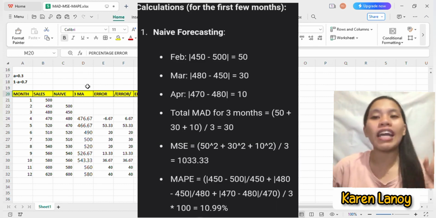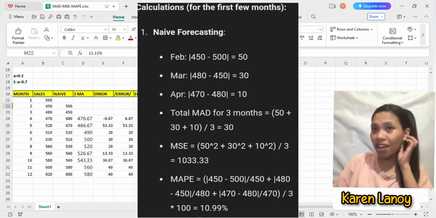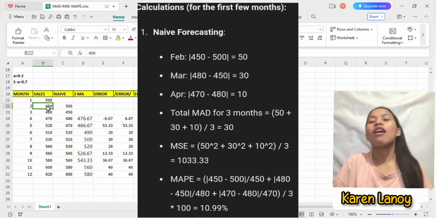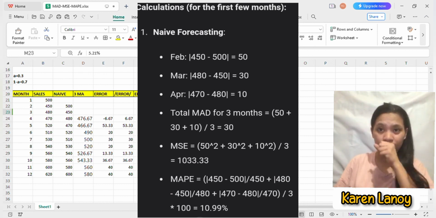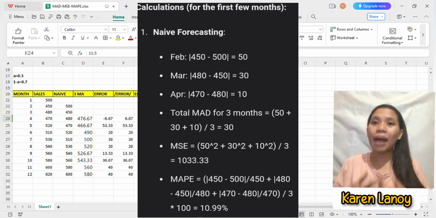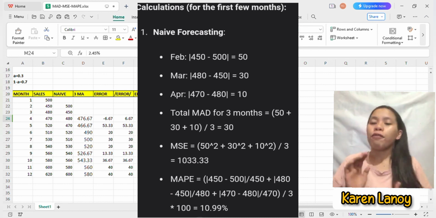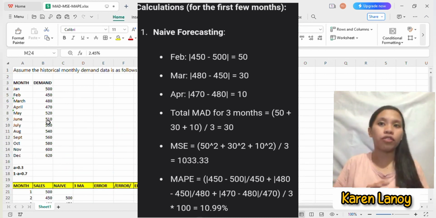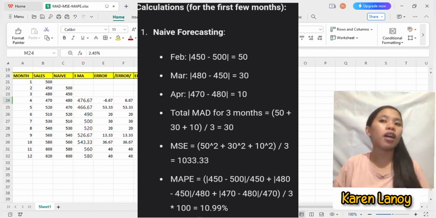We have first the naive forecasting. In February, we have 450 minus 500, which equals 50. Then March is 480 minus 450, equals 30. Then in April, 470 minus 480 equals 10. The total MAD for 3 months is 50 plus 30 plus 10, divided by 3, equals 30. Then the MSE: 50 to the power of 2 plus 30 to the power of 2 plus 10 to the power of 2, divided by 3, equals 1333.33.